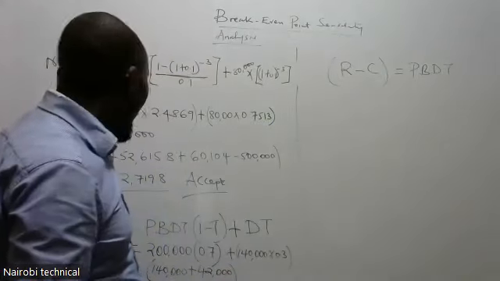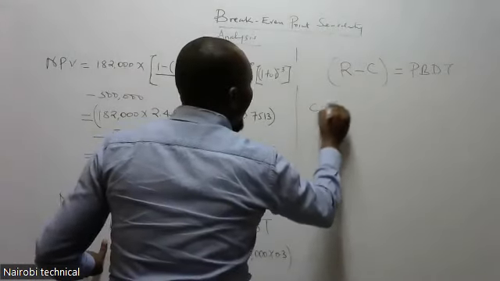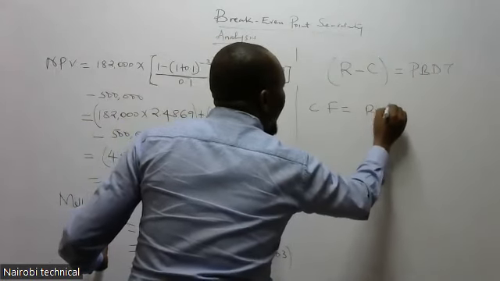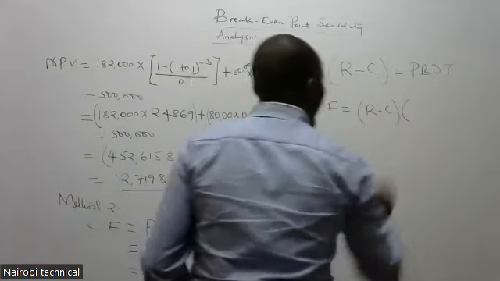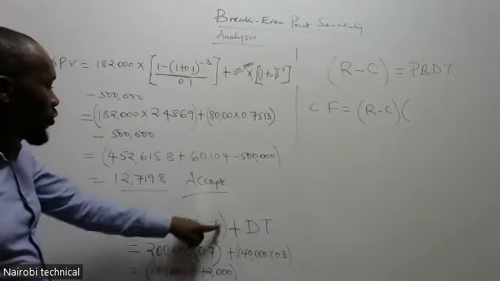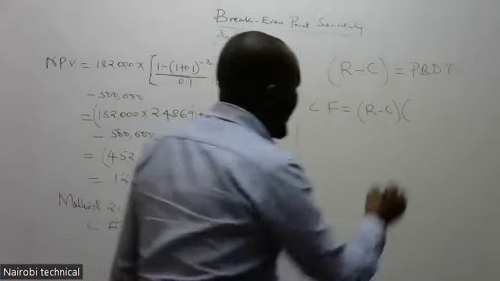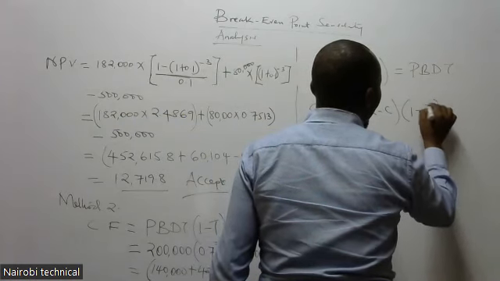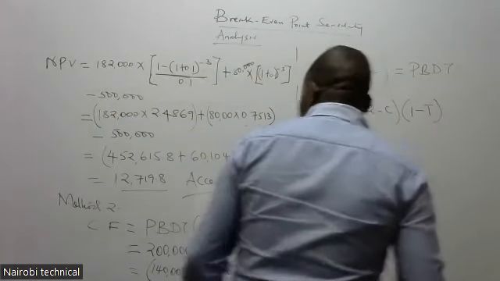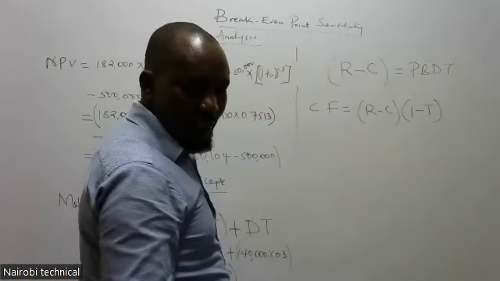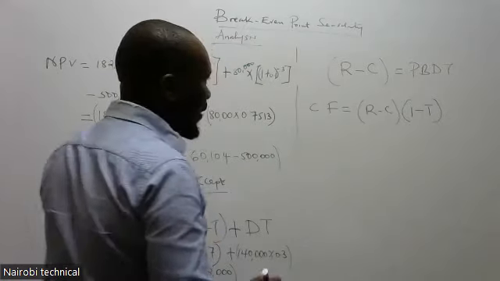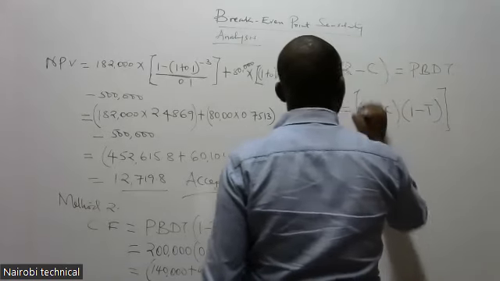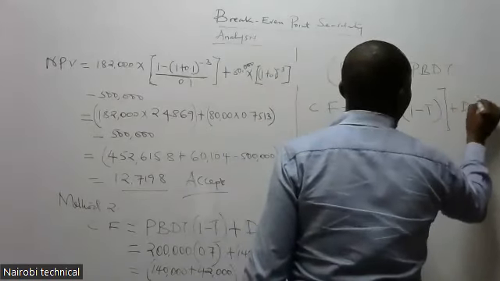So this means that our cash flow is equal to revenue minus cost, times our portion after tax, that is 1 minus T, plus D times T, plus DT.